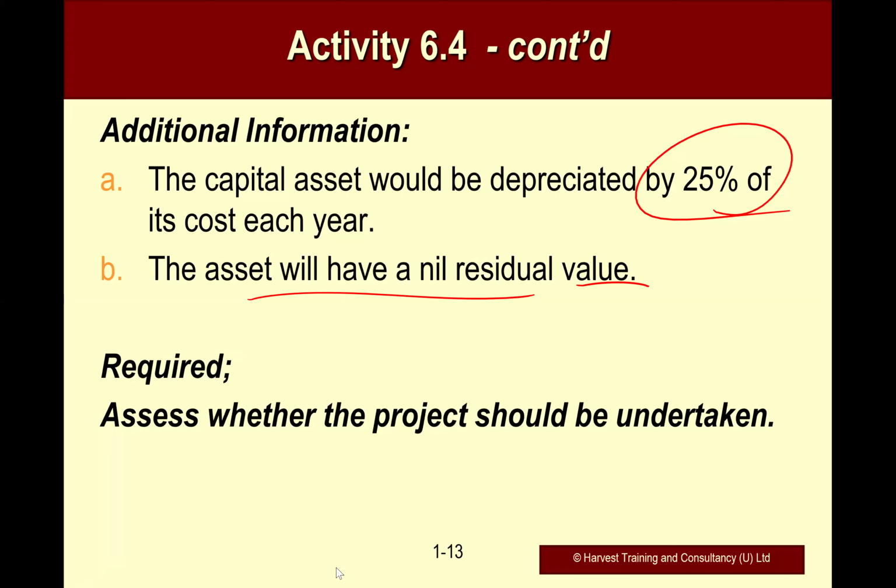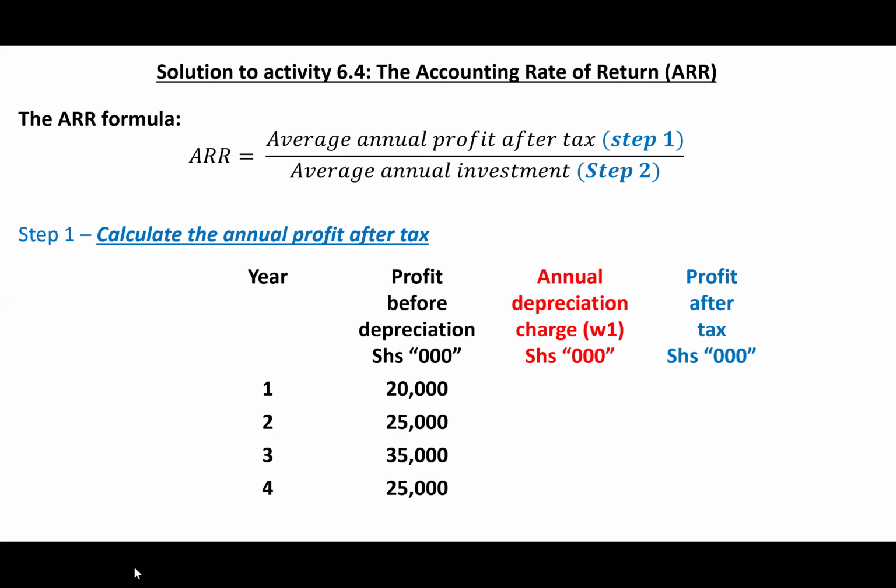And what is 25% of 80 million? It is 20 million. So working one, the depreciation is 25% of 80 million, which is 20 million, 20 million, 20 million, 20 million everywhere.